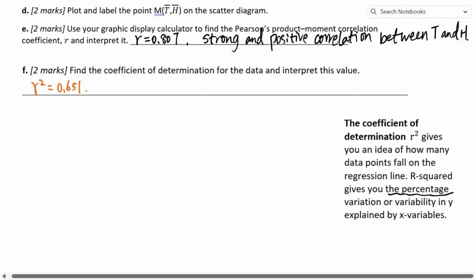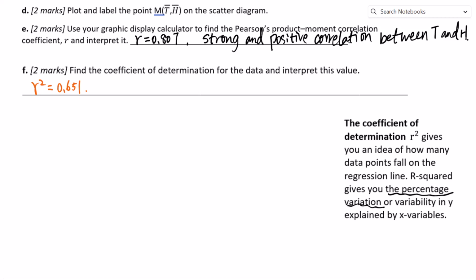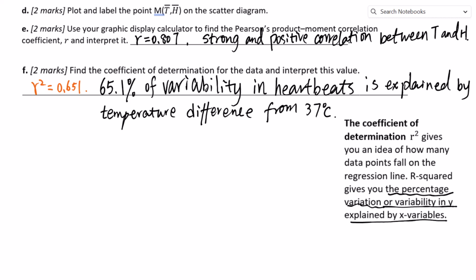We will use this: the percentage of variation or variability in Y is explained by the X variable. 65.1% of variation or variability in Y, where Y over here is heartbeat, is explained by the X variable, in this question temperature difference from 37 degrees Celsius.